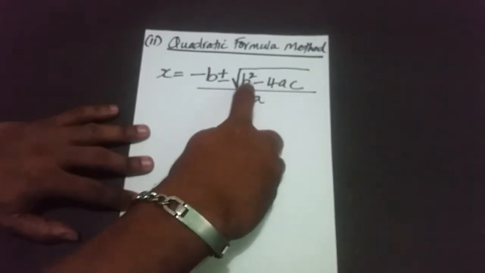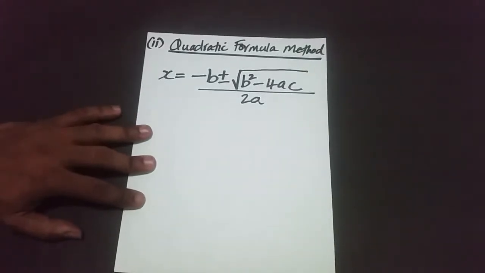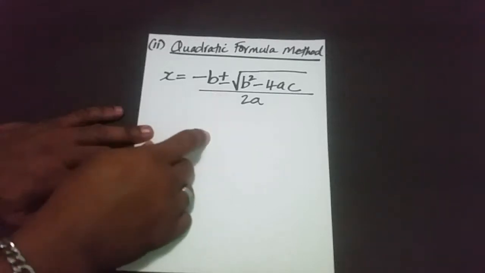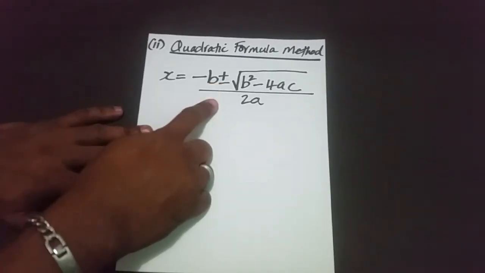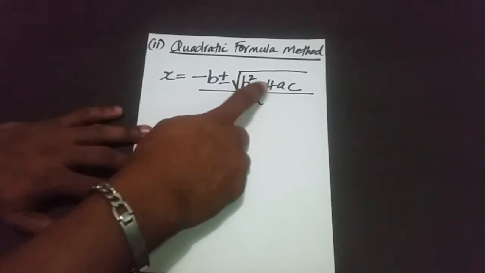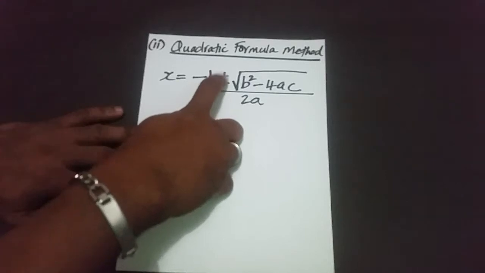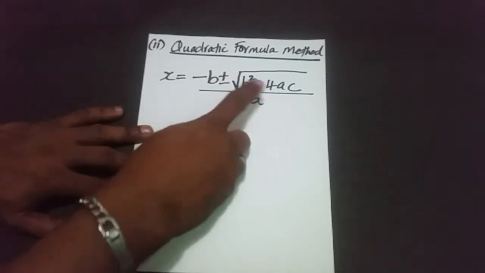When you're substituting values for A, B, and C, put them in brackets. That will help you a lot. So again, when you're putting in the values for A, B, and C, please put them in brackets, because if you don't, in some cases, you're going to be wrong. So the plus and minus is what is going to give us the two answers, and we're just going to be careful when we're working.